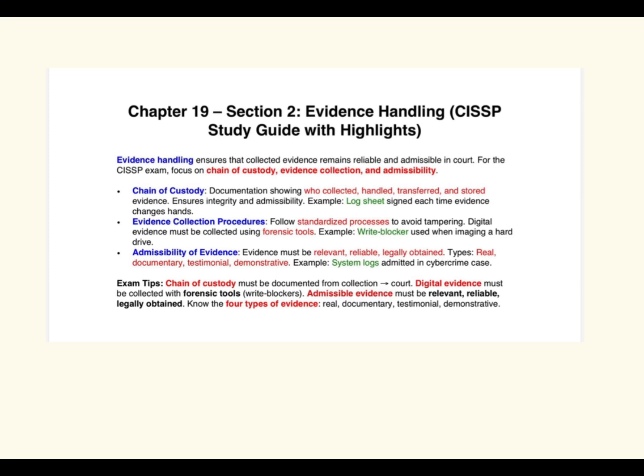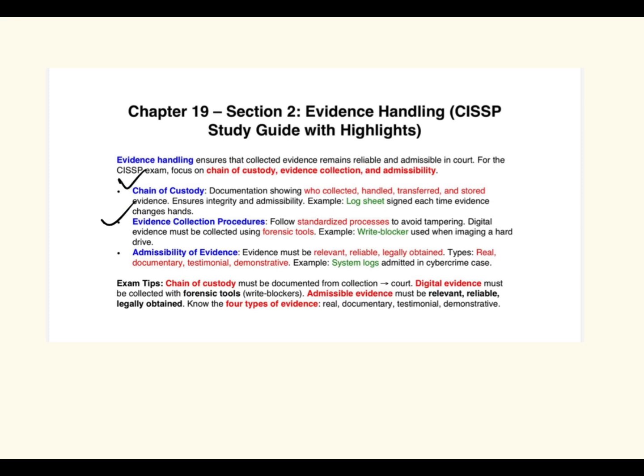So chain of custody makes sure evidence integrity is documented from collection, storage, and if we have to present it in court, if needed. So evidence chain of custody we have discussed.